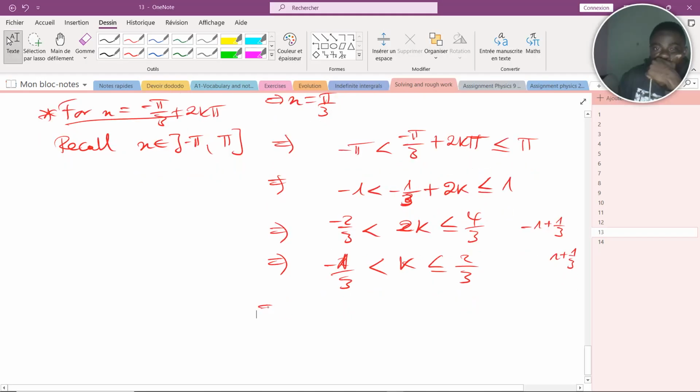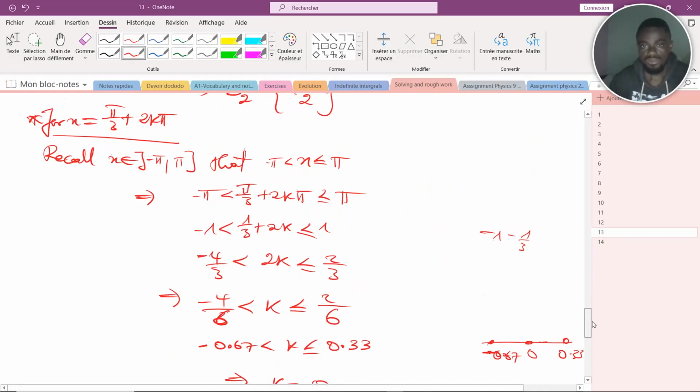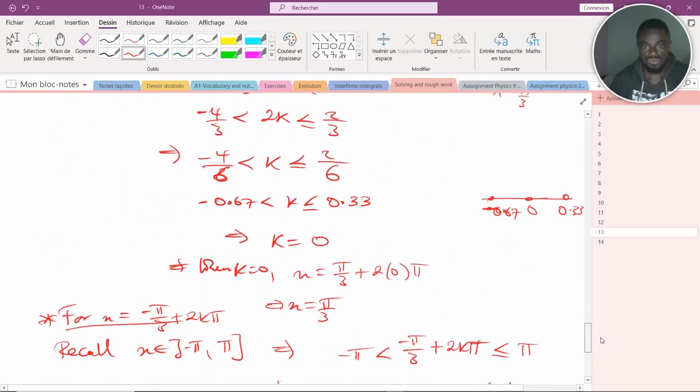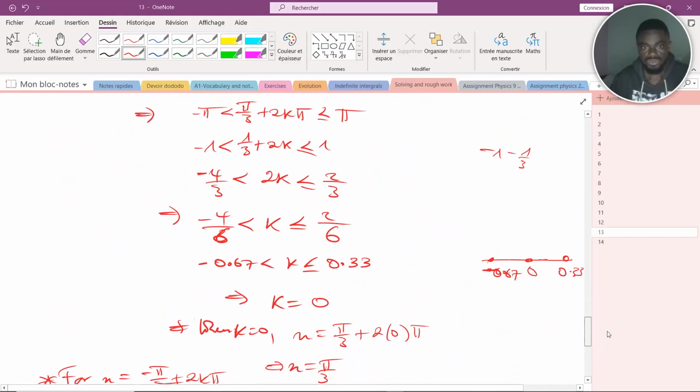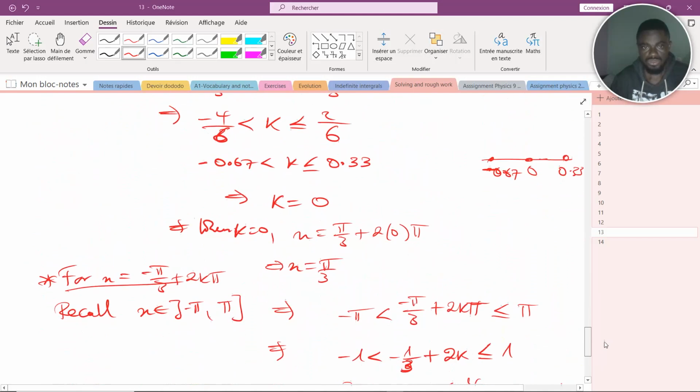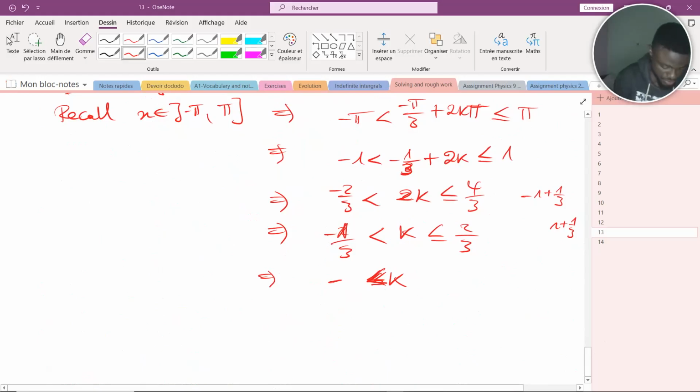Perfect. So this implies our k is strictly greater than minus 1 on 3, which is minus 0.33, less than or equals to 2 divided by 3, which is 0.67.